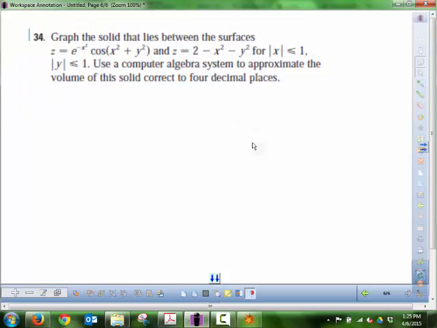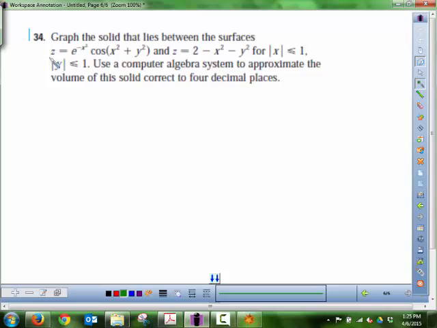So we have two surfaces. We have z equal to e to the negative x squared cosine of x squared plus y squared, and then z equal to 2 minus x squared minus y squared. And we want absolute value of x less than 1, absolute value of y less than 1.